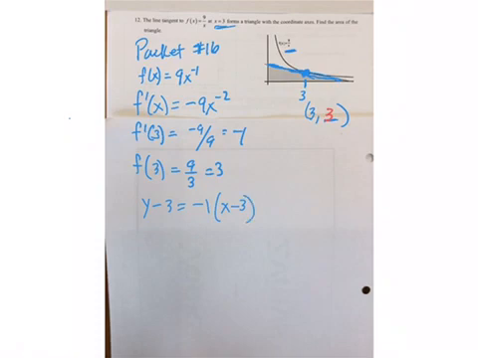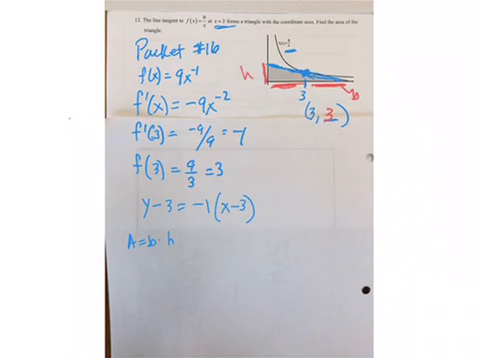Now to move on to finding the area of the triangle, well, area is base times height. I'll call this red line down here my base, and I have to find that length, and I have to find the height of the triangle.